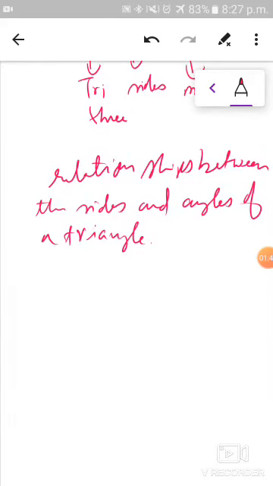Here particularly we will talk about right angled triangle.